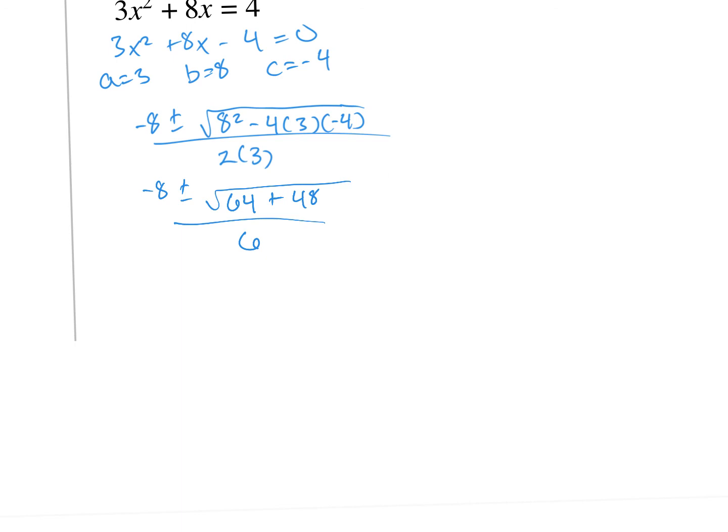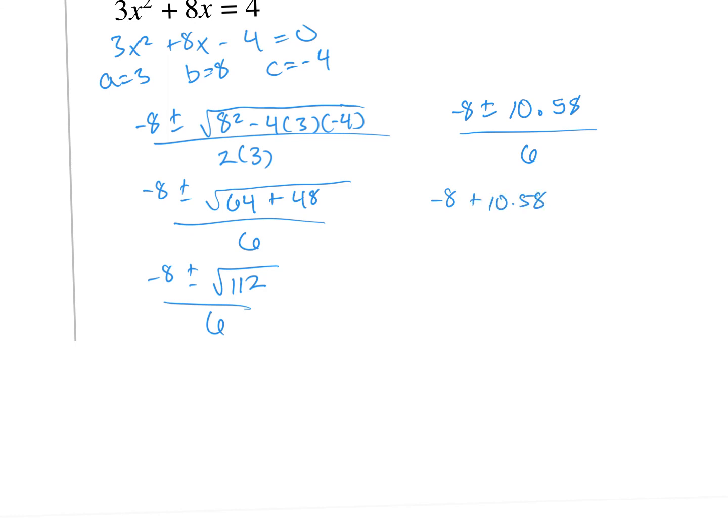64 plus 48 is 112. So negative 8 plus or minus the square root of 112 over 6. If I punch that into my calculator, this becomes negative 8 plus or minus 10.58 over 6. So one of my answers is negative 8 plus 10.58 over 6, and the other answer is negative 8 minus 10.58 over 6.